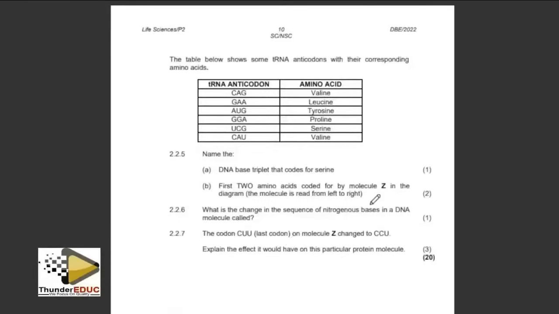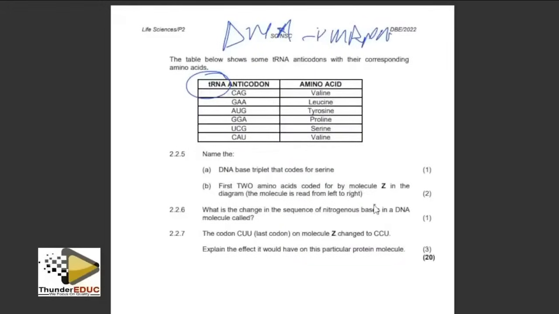The trick here is: if they give you DNA at the beginning, then you don't need to change. If they give you DNA and what is here is transfer RNA, you have to change it to messenger RNA and then to transfer RNA.